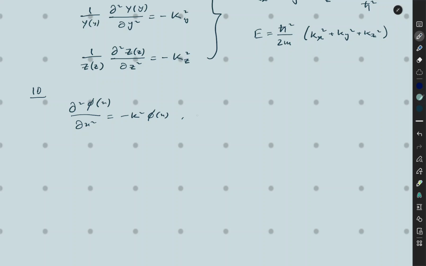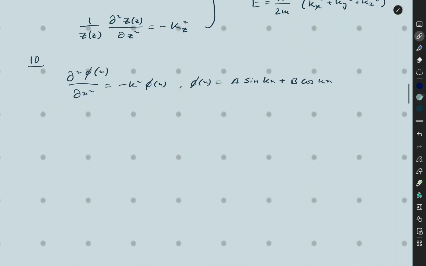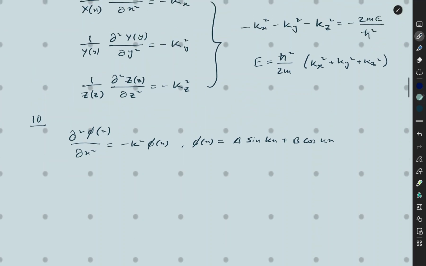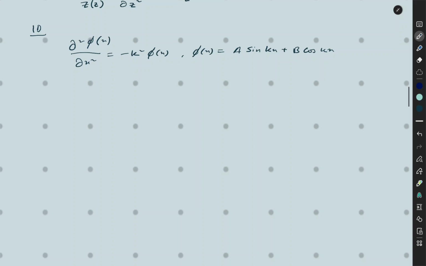Then our general solution came as phi of x equals a sin kx plus b cos kx. It was like this.